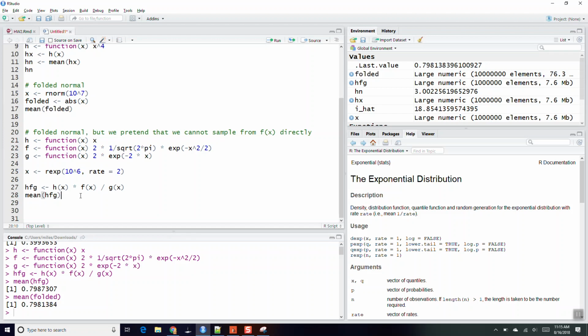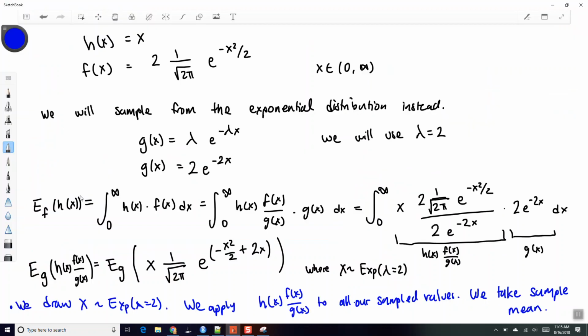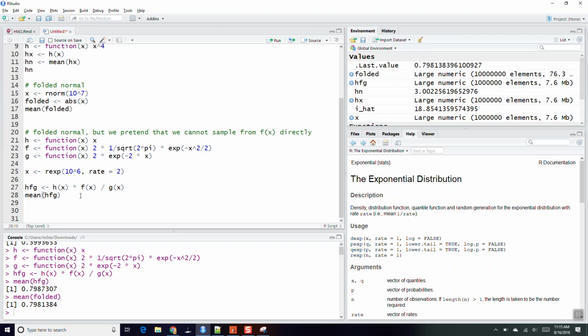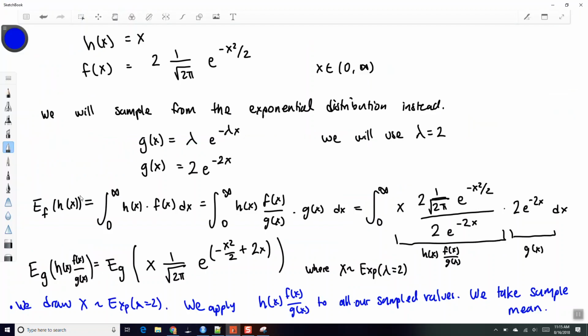okay? But there could be situations where you want to get the expected value of some distribution, and that distribution could be crazy, right? And our traditional methods, the analytic methods, require a lot of integrals, and it's not easy, right? So if you said we need to integrate from 0 to infinity this function, that could be a challenge.